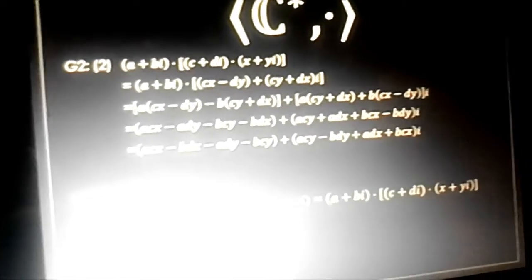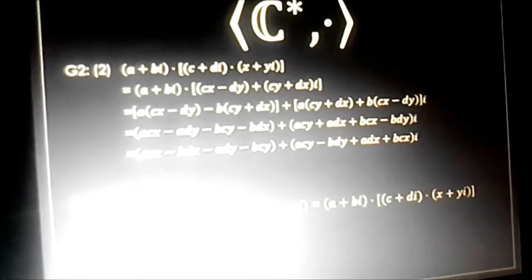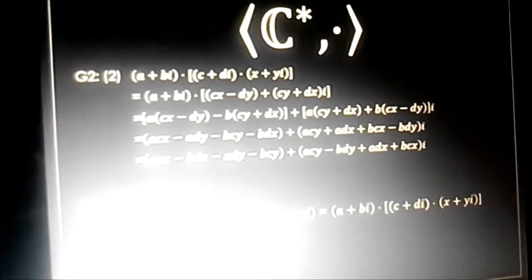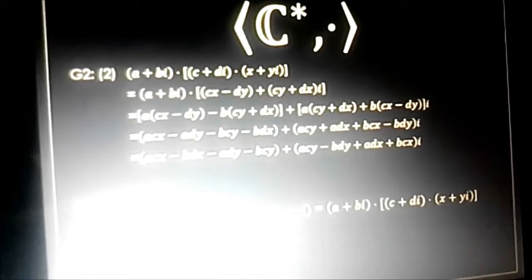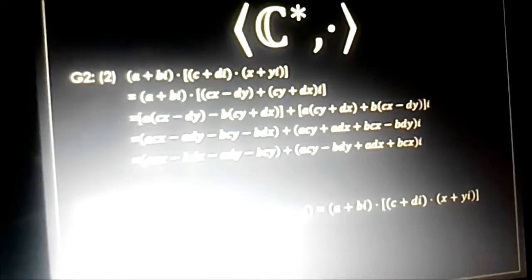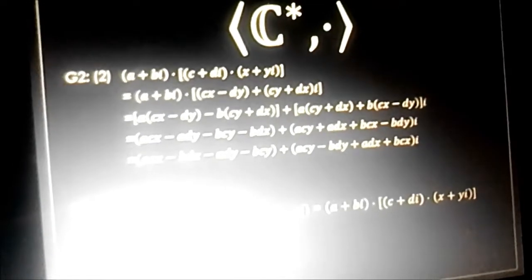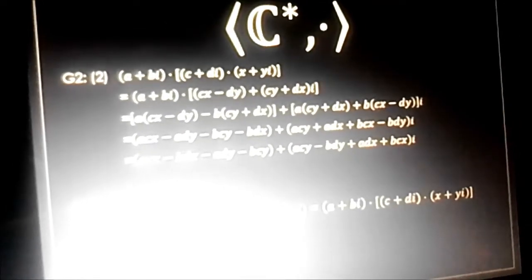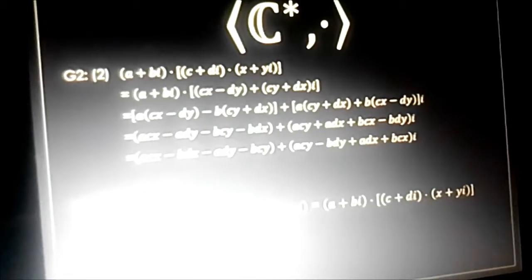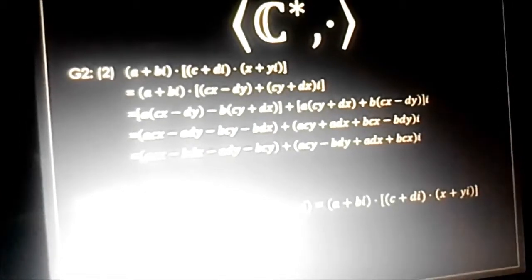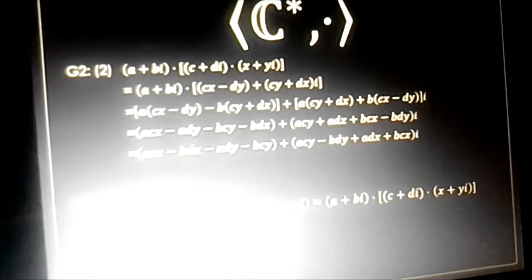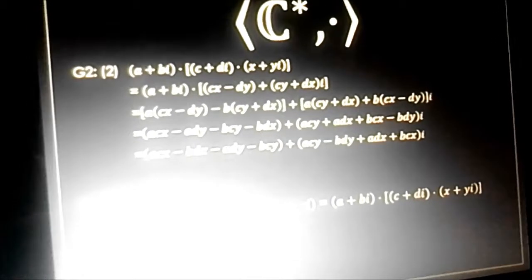Simplifying it, we have acx − ady − bcy − bdx. So we distribute a on the left side of the equation throughout the quantities, plus acy + adx + bcx − bdy quantity i.